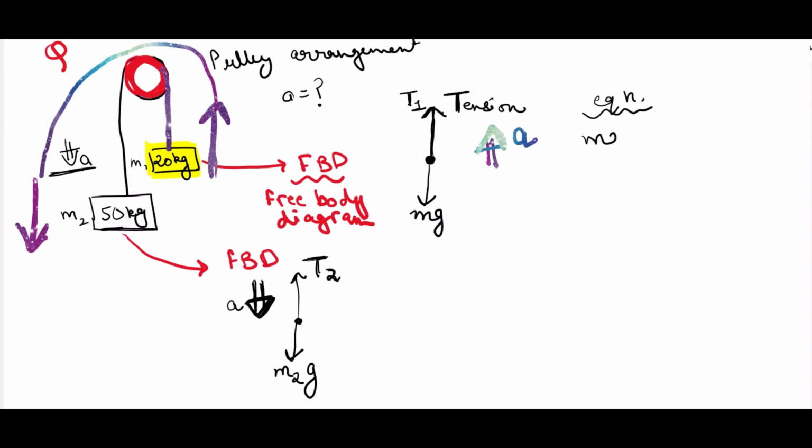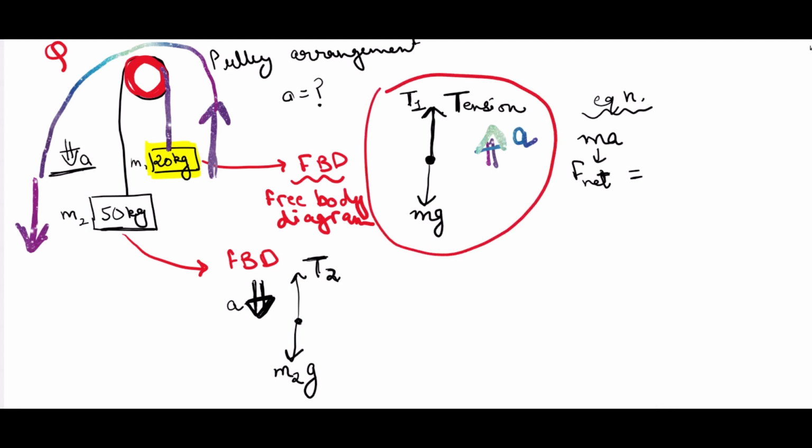So I will write the equation for this one. What I would do, we know that MA, that is also known as F net, like all the forces on one side, and I would write my forces on the other side, which are T1 minus mg. And F net can be written as MA equals T1 minus mg.